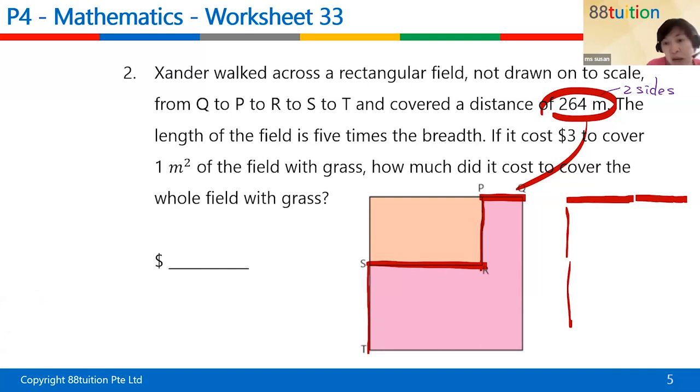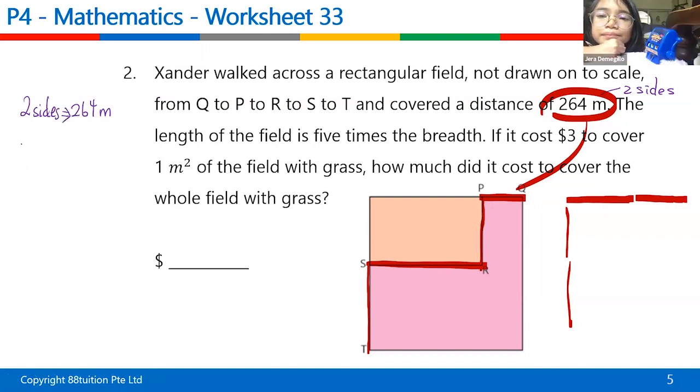Can you tell me how I can do it, Jera? How to find one side? How to find one side for this? Jera?